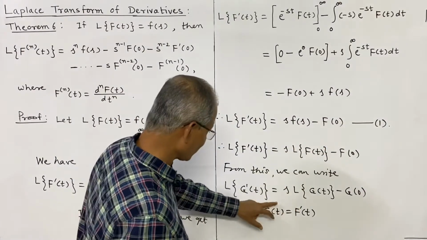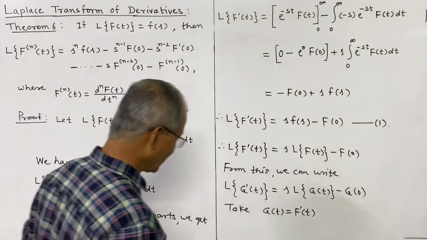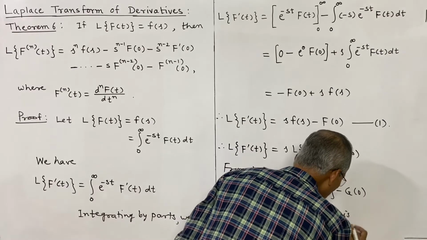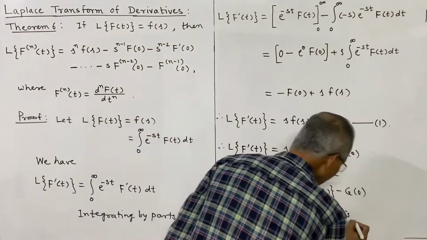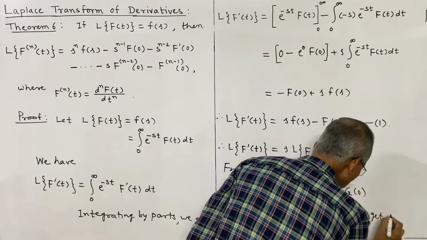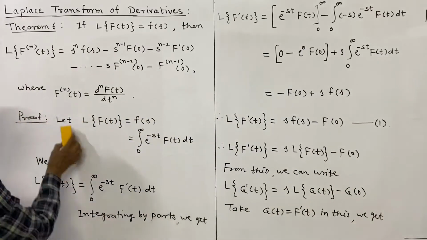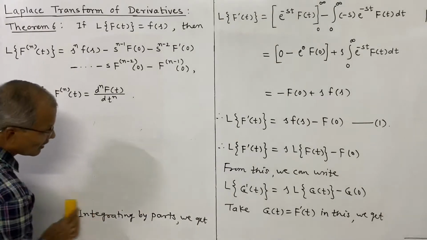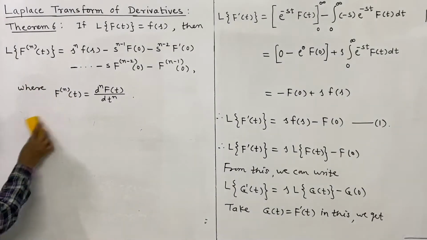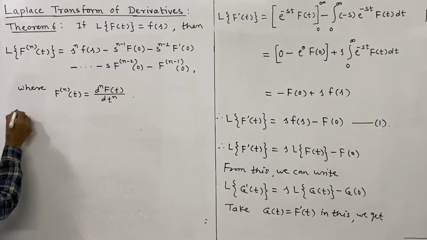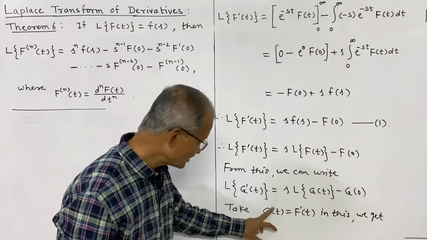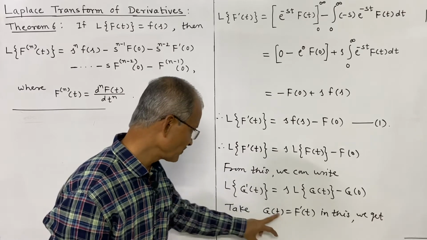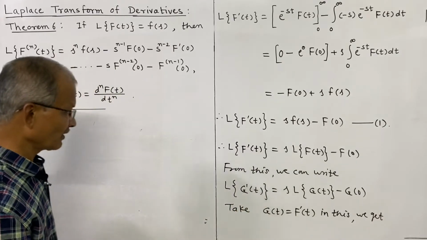So this result becomes, now see what we shall get. g of t is f dash t, so therefore what will be g dash t? G dash t means the derivative of this on both sides, differentiate, this will be f double dash of t, and this becomes L of f double dash of t.